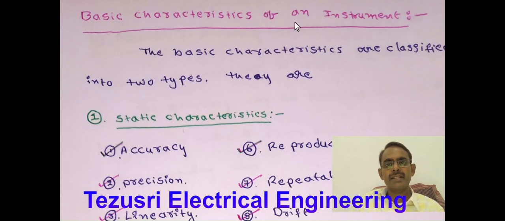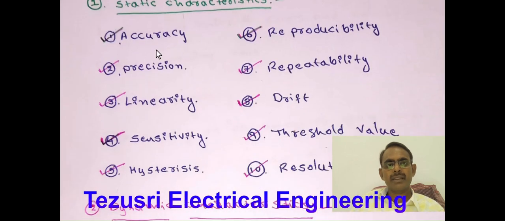The basic characteristics of a measuring instrument are classified into two types: static characteristics and dynamic characteristics. Accuracy, precision, linearity, sensitivity, hysteresis, reproducibility, repeatability, drift, threshold value, resolution: these are all called static characteristics of a measuring instrument.